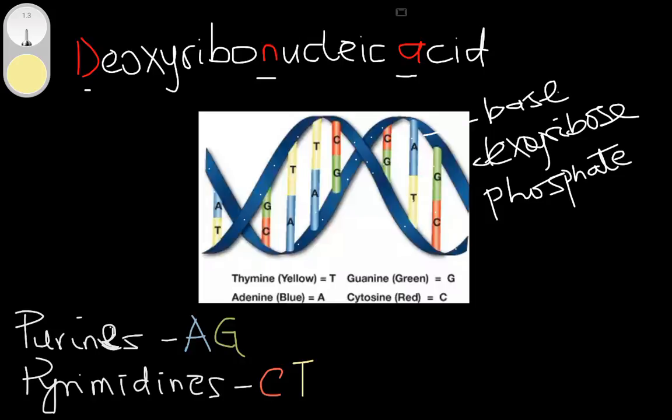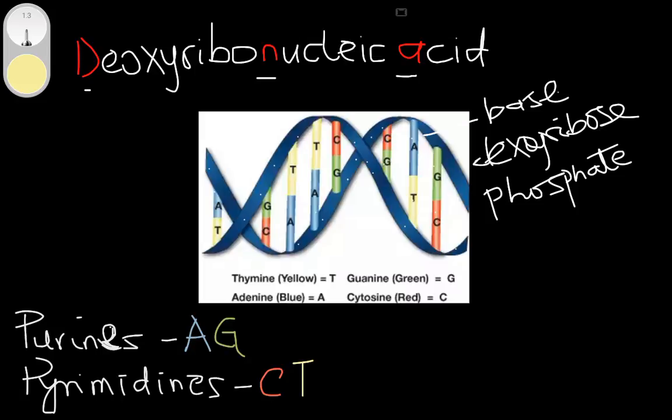Now there are rules governing how these bases bind to each other. They bind to each other via a special type of bond known as a hydrogen bond. The rule can easily be seen in this diagram.